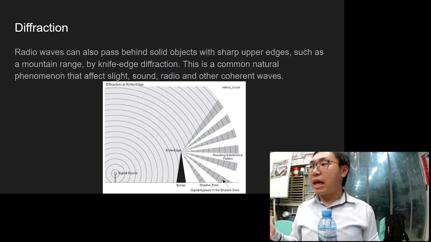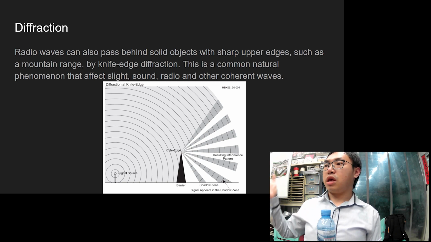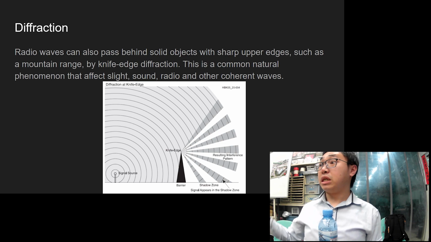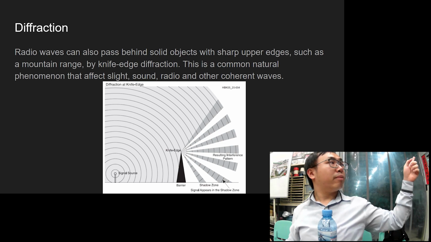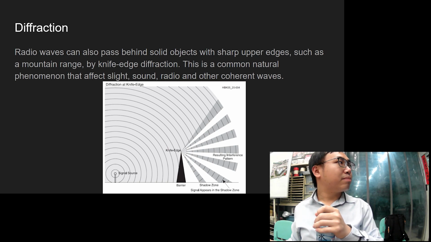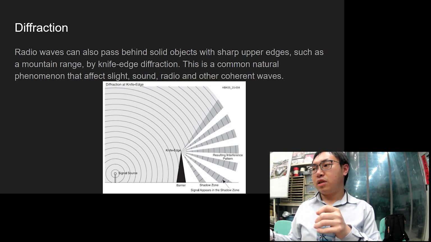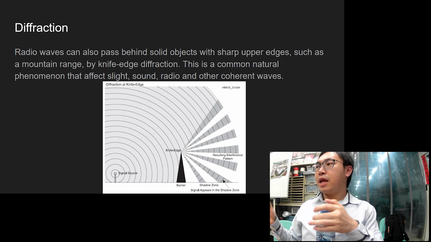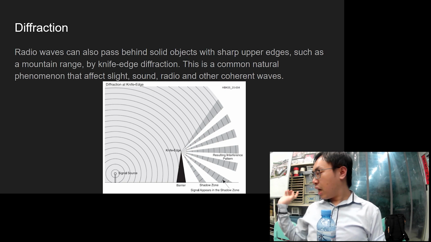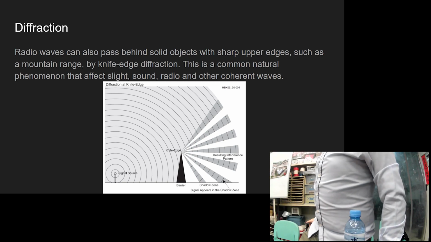The diffraction angle is larger with a lower frequency: lower frequency, more diffraction. Just think of it this way: if the light passes through a hole, it will go in different directions, just like this diagram shows. I will draw it on the whiteboard. Hope you can see.